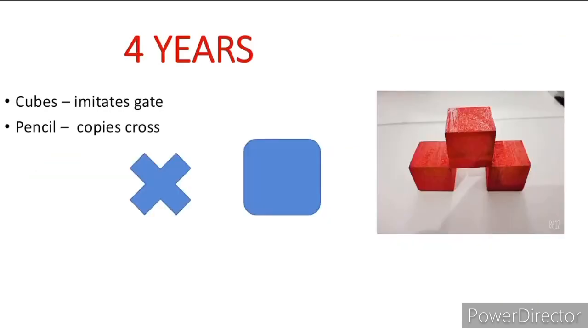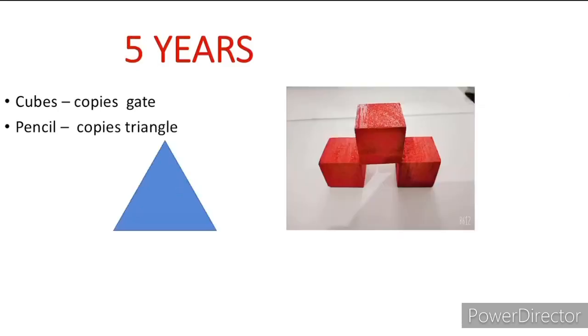At 4 years, the baby imitates a gate and copies a cross and a square. At 5 years of age, the baby can copy a gate and copy a triangle.